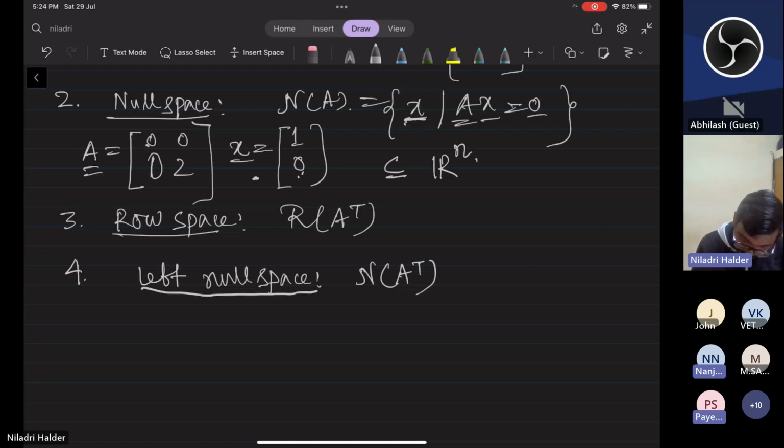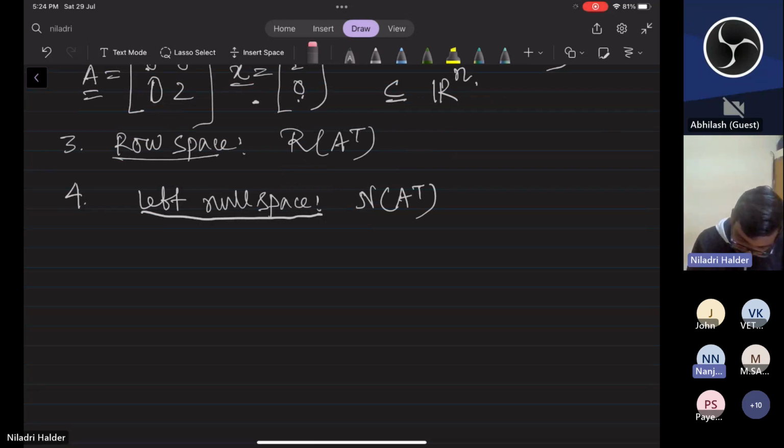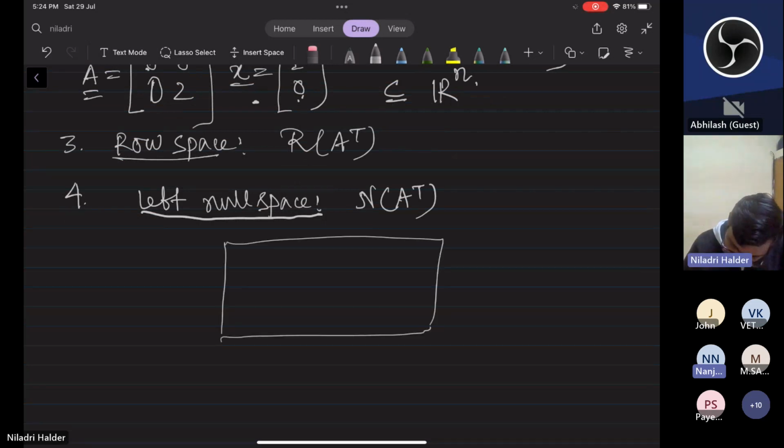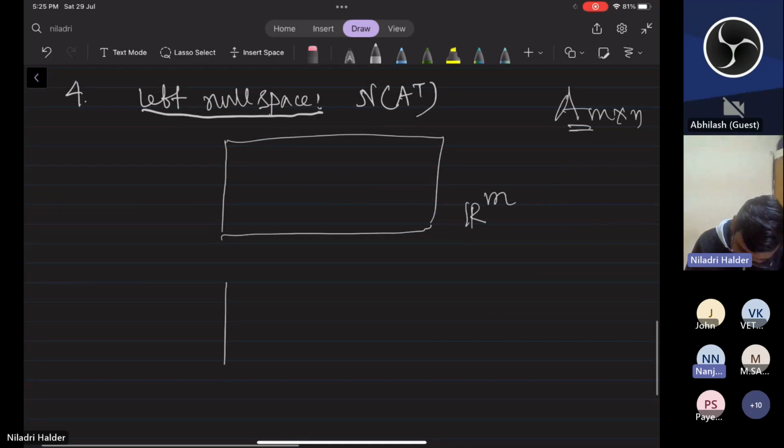And then the left null space is the null space of A transpose. It's the same, but it's the null space of A transpose. Suppose there is a matrix A, m cross n, and this is a space of R power m, and this is another space of R power n.